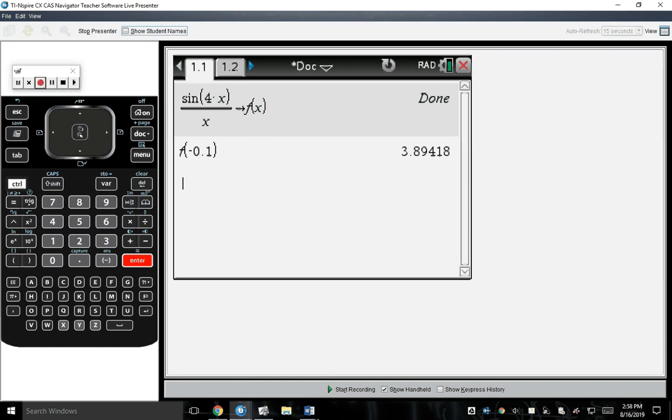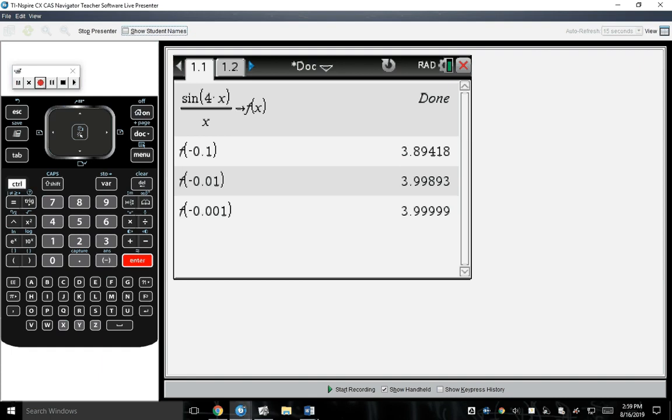Please press control before pressing enter, so you always get these clean decimal numbers. And then, what is f of negative 0.01? Control enter. Notice how I'm using this instead of the table, and then f of negative 0.001, and you get that.